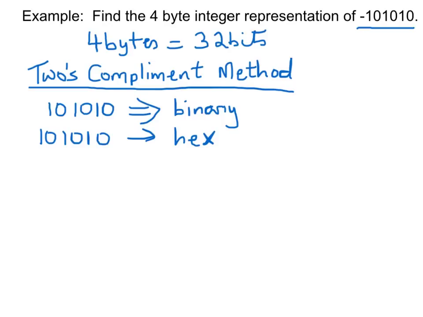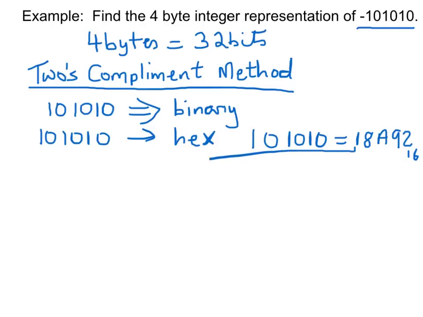So in hexadecimal, 101010 is equal to 18A92 base 16.